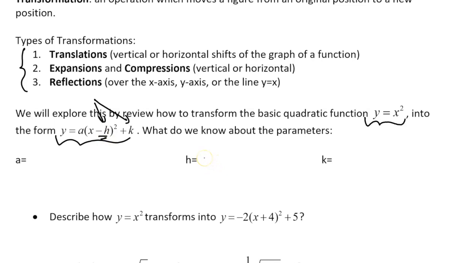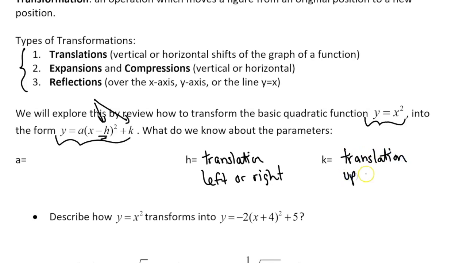So this would be where we found the x value of the vertex. So we're going to say this is going to be our translation left or right. And then the k value, that represented the y value of the vertex, so that's going to be our translation up or down.